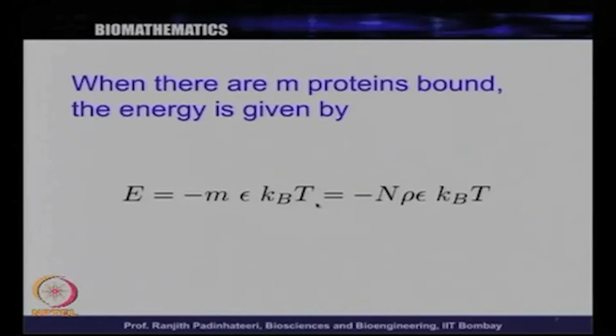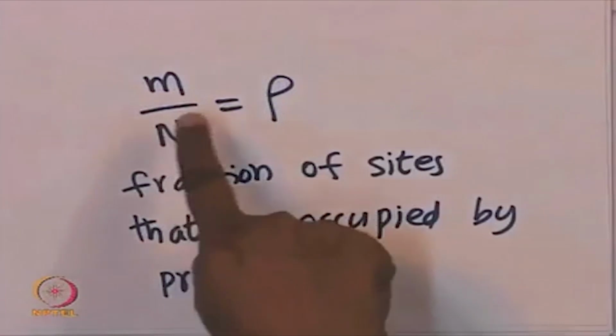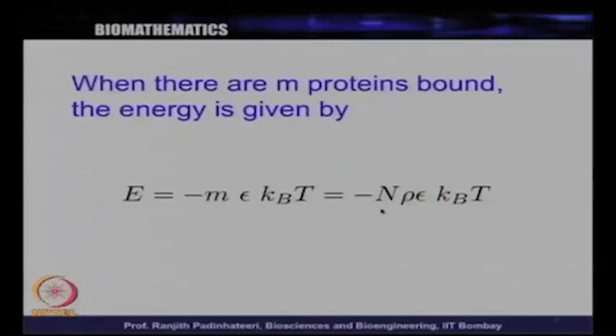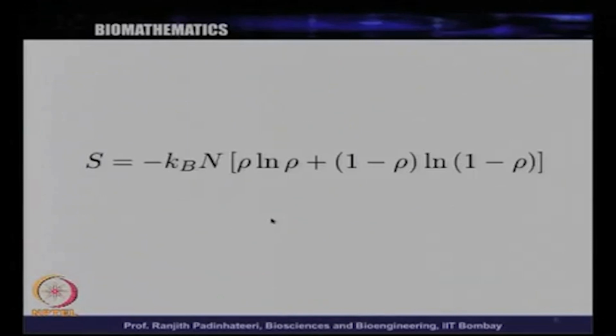So, minus m epsilon k b t is the energy, and m can be written as n rho, because m by n is rho. So, we can write this as minus n rho epsilon k b t. So, this is energy and this is entropy.